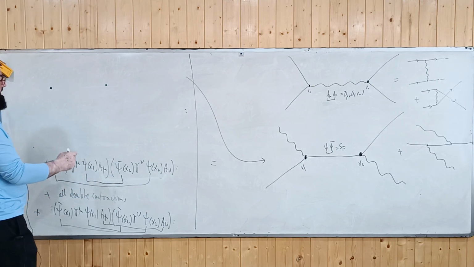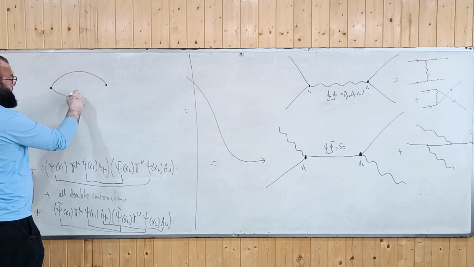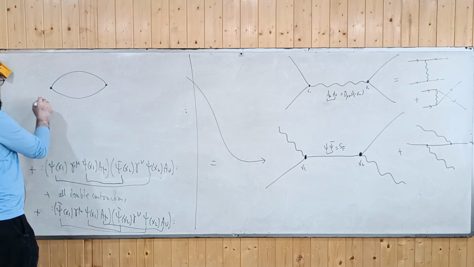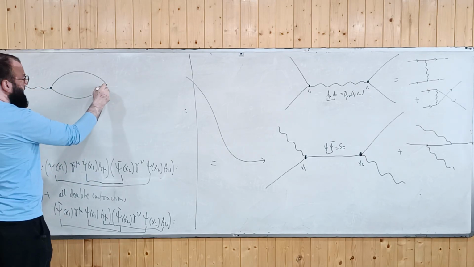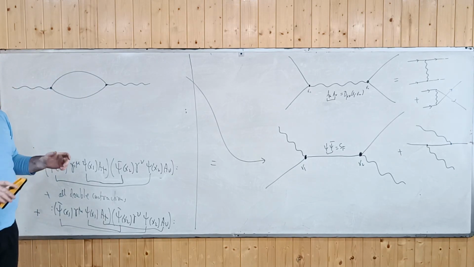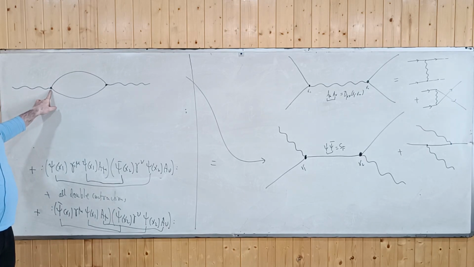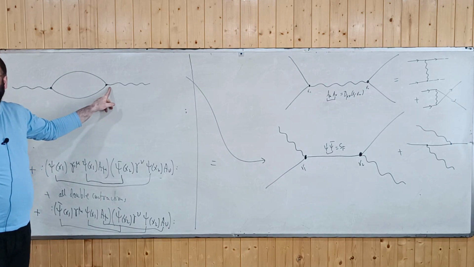Two sides are contracted. Clear? So you have one contraction and another contraction. What is remaining is a photon field here and a photon field here. So it gives you a pair production at this point and a pair annihilation at this point.